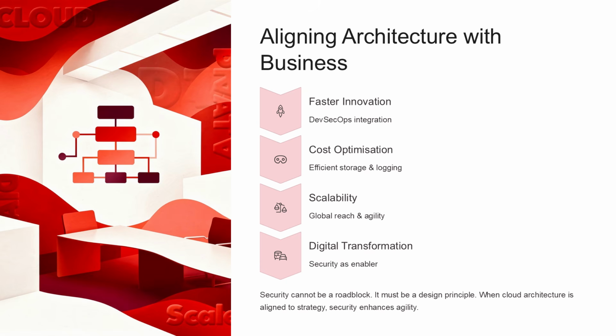If cost optimization is a priority, your architecture must balance logging retention with storage efficiency while maintaining compliance. Security cannot be a roadblock. It must be a design principle. When cloud architecture is aligned to strategy, security enhances agility instead of slowing it.